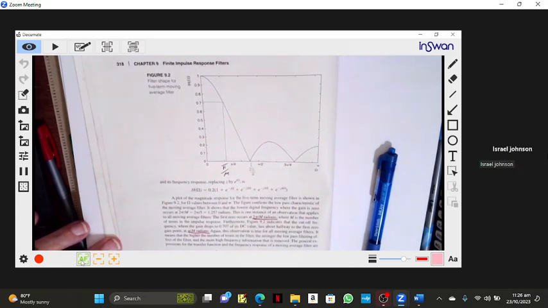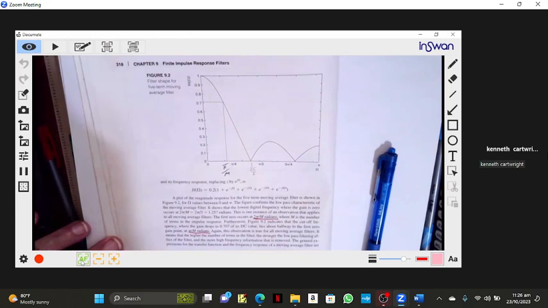Digital frequency. And the digital frequency goes from 0 to pi. Like I told you a long time ago, the highest digital frequency you can have is pi. After pi, it just starts to repeat itself.